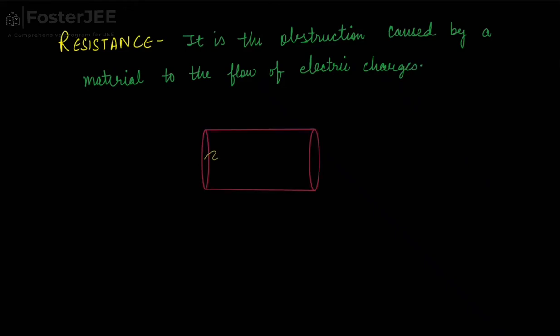It is always required between 2 points. Let us suppose this is point P and this is point Q. Then the resistance between 2 points, that is R, is proportional to the length of this section.